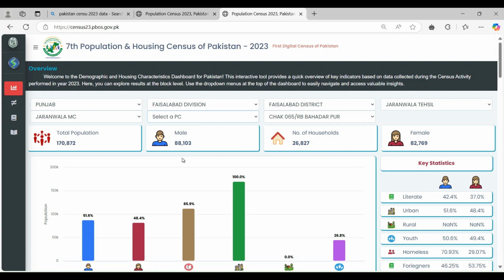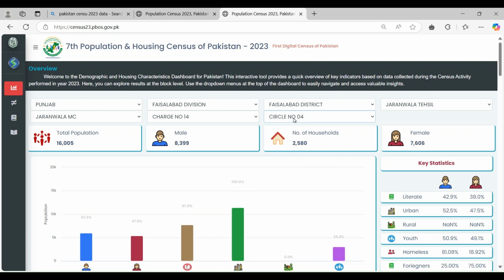Instead of the Patwar circle, you will see the wording is changed, because in urban or rural areas they use two different types of geography to differentiate when they want to run the census. In urban areas, they use the charge. So let's go to charge number 14. If we see charge 14, it will include some circles. Now you can see a few circles. This is a circle, which is equivalent to the village or Mauza level in that case.